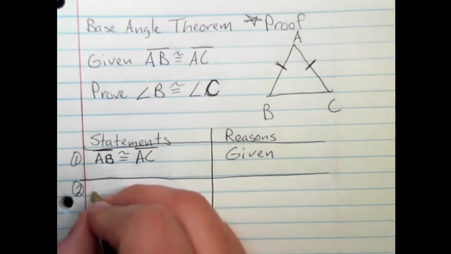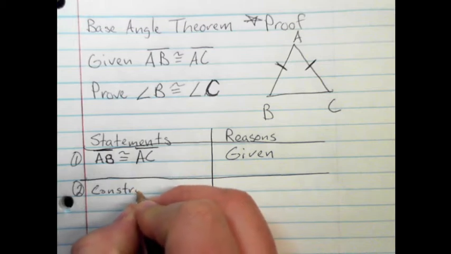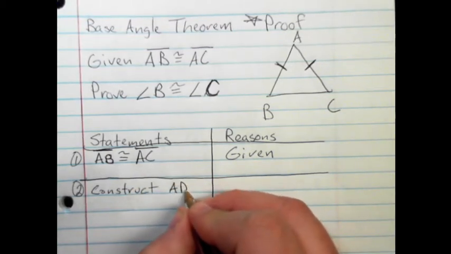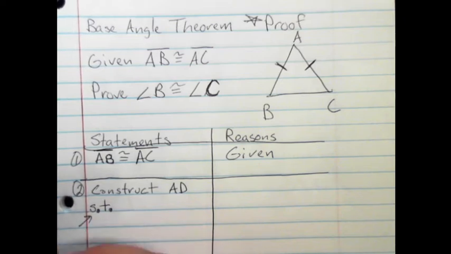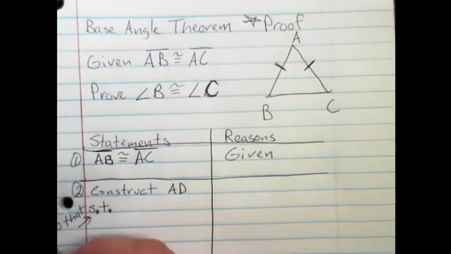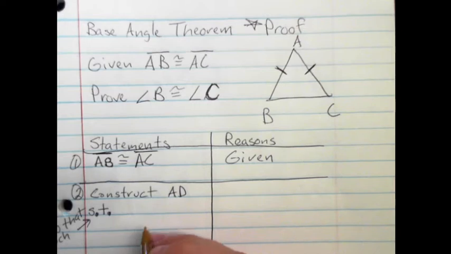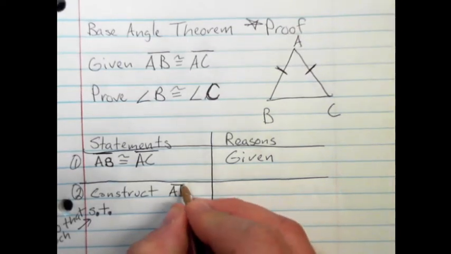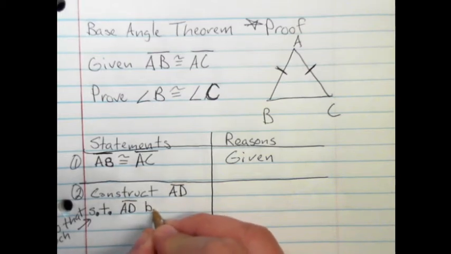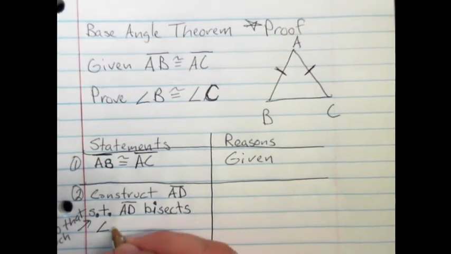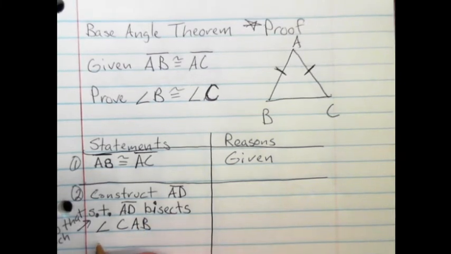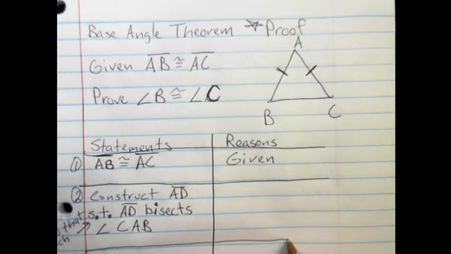Step two would be: construct line segment AD such that AD bisects angle CAB. Okay?